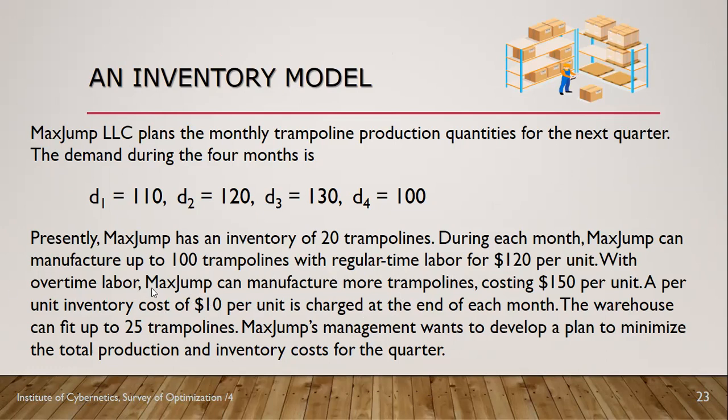With overtime labor, MesoJump can manufacture more trampolines costing 150 per unit. Just going a little bit ahead, note that here we have 150, here we have 120, so there is an increase. A per unit inventory cost of $10 per unit is charged at the end of each month.